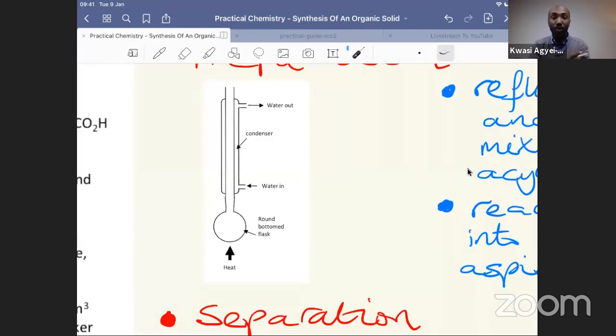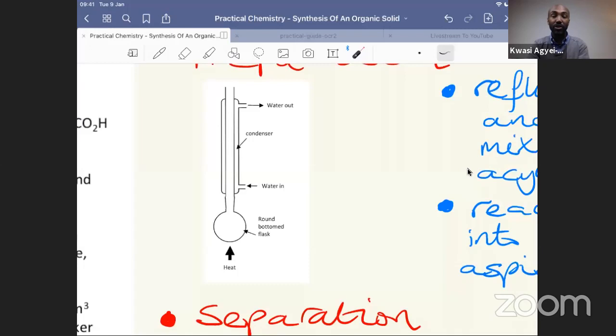Now, another important thing to note about our condenser is that it is open at the top. You should never reflux a closed system. If you're boiling the content of that round bottom flask and you've got vapors forming and you've got a sealed condenser, the pressure will build up and your apparatus will explode. So at no point do we need to have a bung or a stopper there, nor do we need a thermometer.